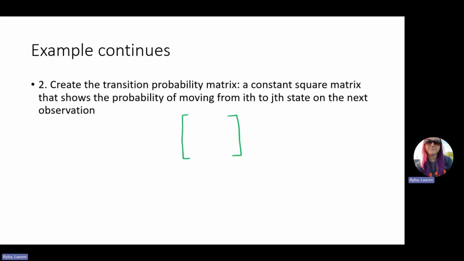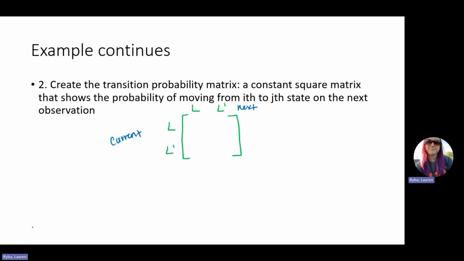And the easiest way to do that is to label your rows and your columns on the outside here. So L, L naught, L, L naught. What you have to make sure you understand, though, is the left-hand side is your current state. And the column up here, the top value, is going to be where you go in the next state.